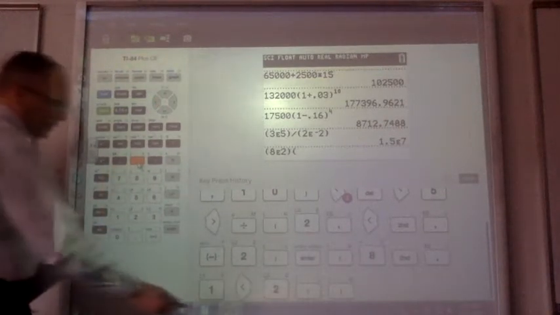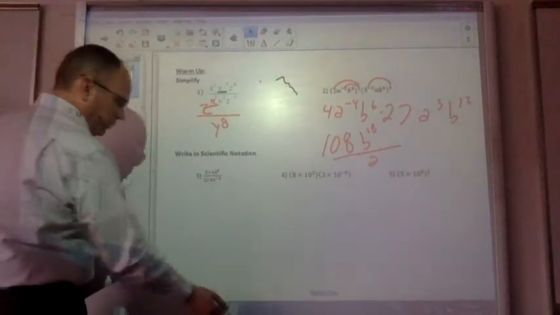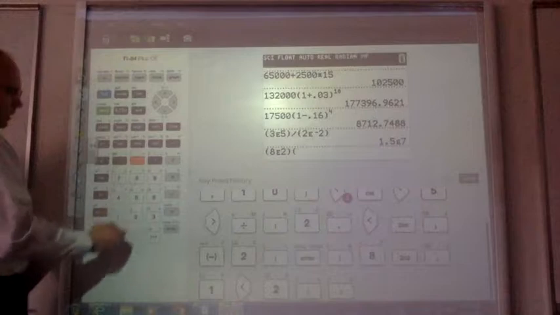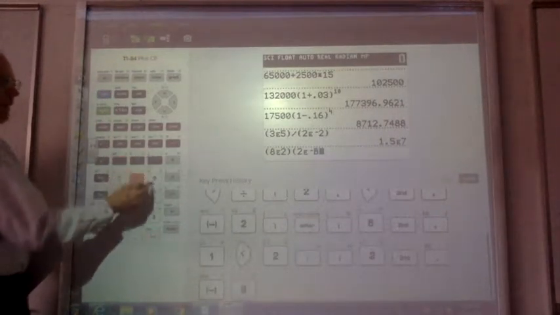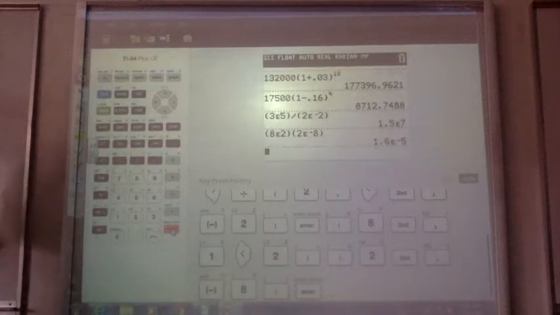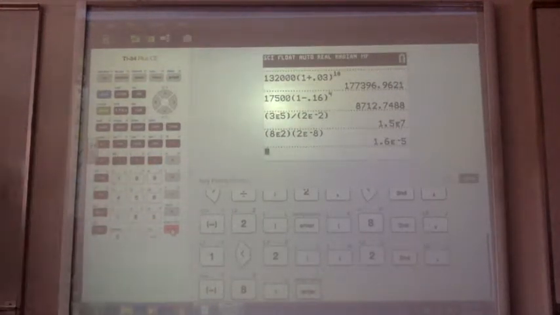So open parentheses again. 2 times 10 to the negative 8. 2 second e negative 8. Close parentheses. Second comma. Above the 7 is a comma. Second is very far up left. All right, so this one comes out to 1.6 times 10 to the negative 5.